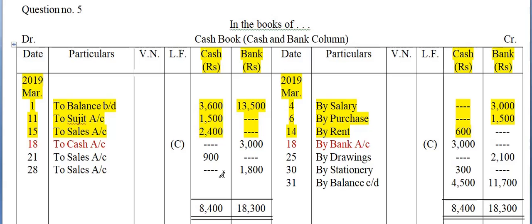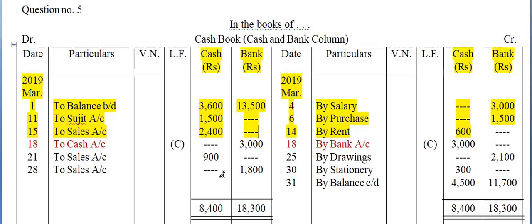Now, on 18th, you are depositing cash into the bank. So whenever you deposit cash in your bank account, obviously from your pocket, cash gets depleted. Let us assume that you just have 3000 in your pocket, and out of which you deposit 2500 in your bank account.